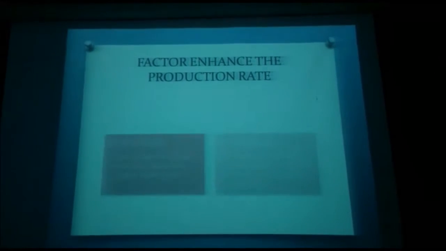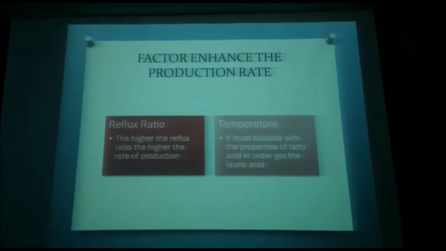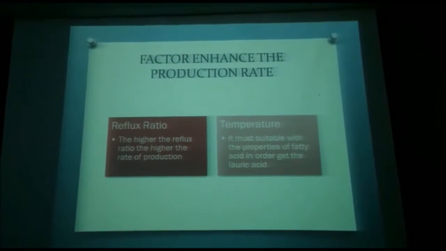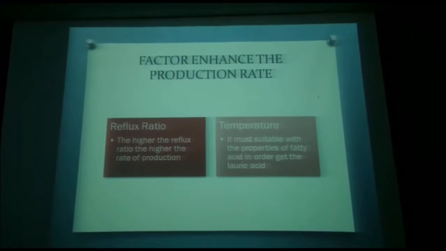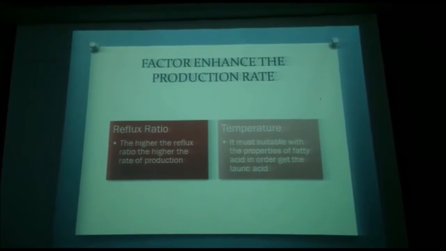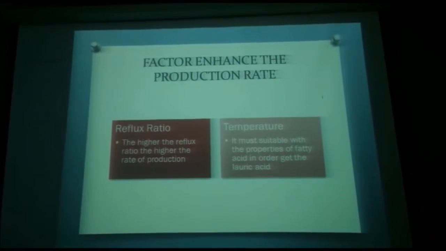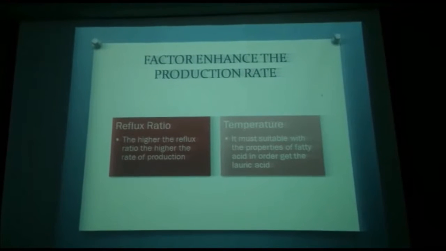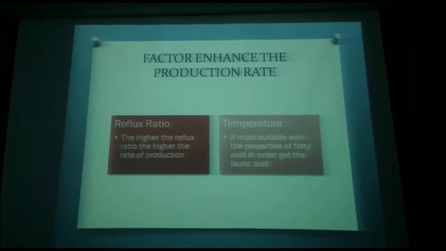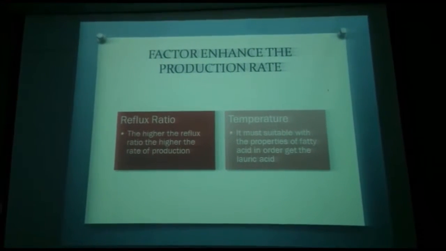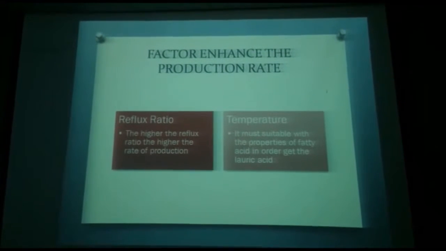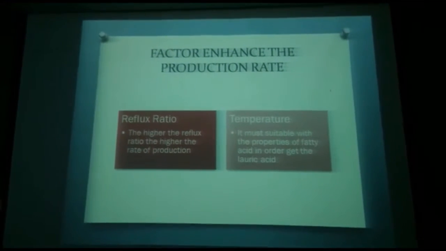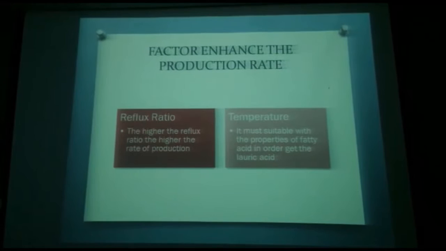In this mini project, there are two main factors that enhance the production rate. The first is reflux, which is used to control the top temperature, thereby controlling the purity of the overhead product. The amount of reflux compared to the product is known as the reflux ratio.